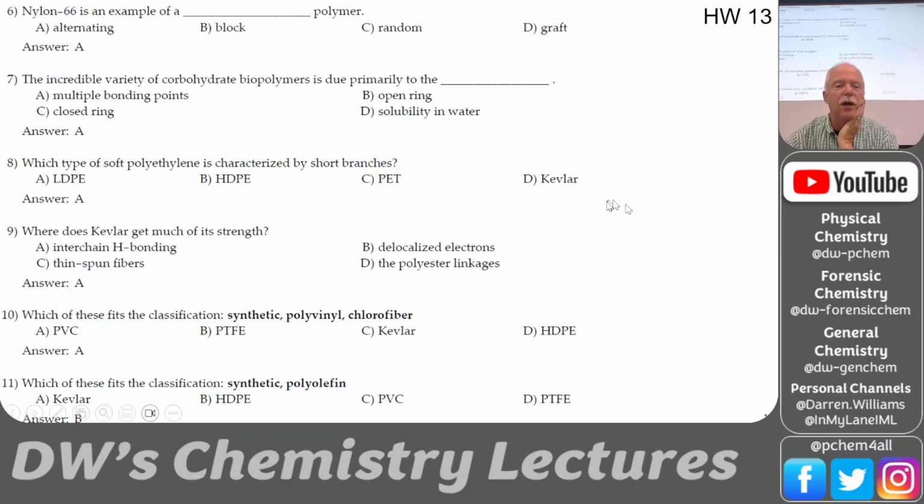Oh yeah. Stick to the homework, but honestly, all of the monomers, that page with all of the molecules there, it would really be good to know. A lot of times I'll give you five molecules and ask which one of these produces a synthetic chlorofiber, and only one of them has chlorine, right?